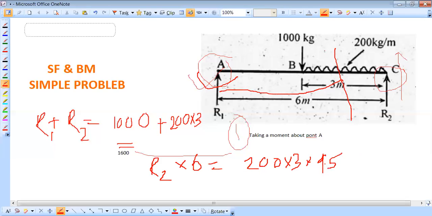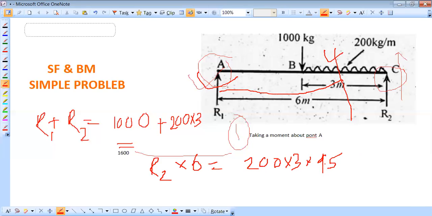Why do we take this distance? Because it is a UDL load; you must take the distance at the middle of the span.